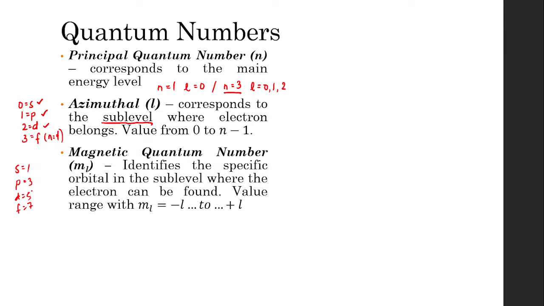So since you have more than 1 orbital, especially for P, D, and F, it tells you specifically which orbital in the sublevel the electron can be found.